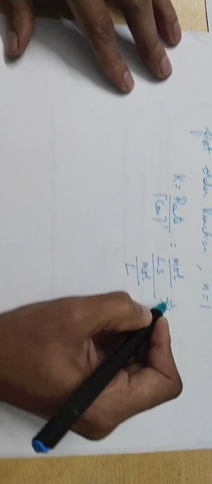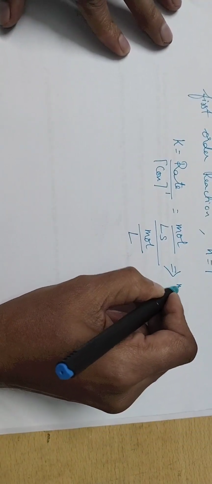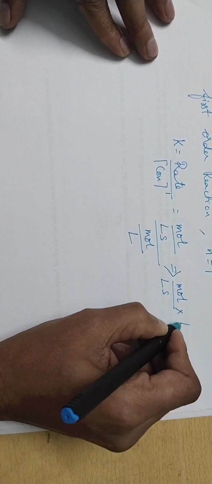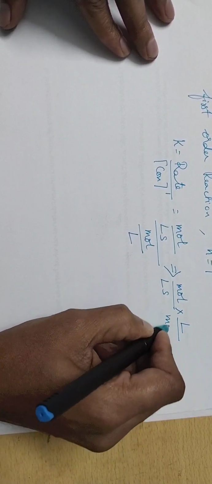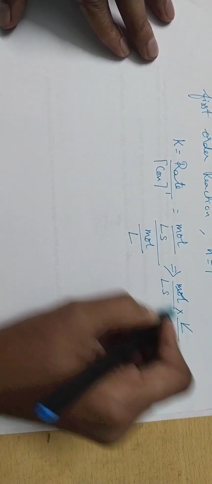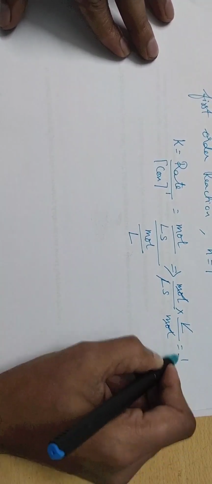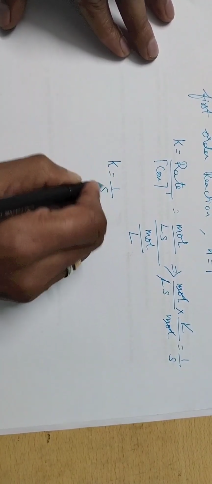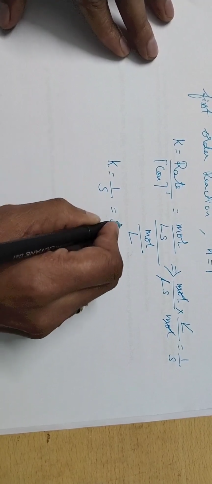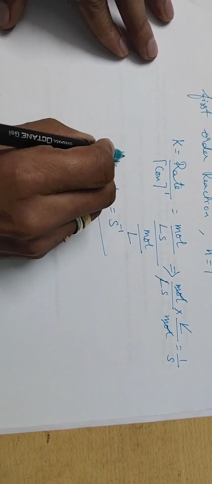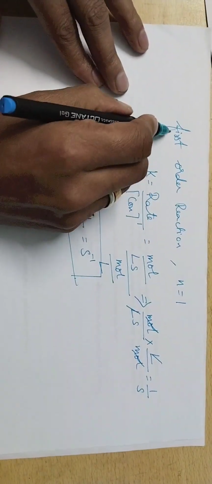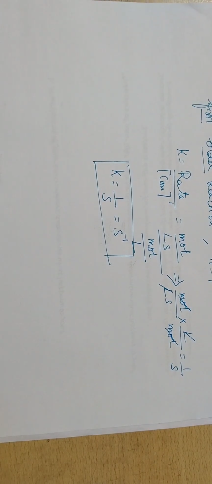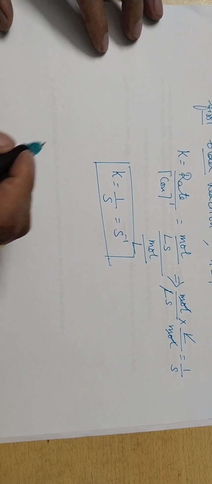This becomes mole per liter seconds multiplied by liter divided by mole. This gets cancelled, leaving us 1 divided by second. k has a unit 1 per second. So for a first order reaction, the unit of rate constant k is per second.